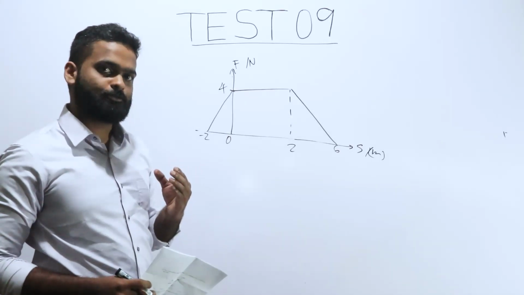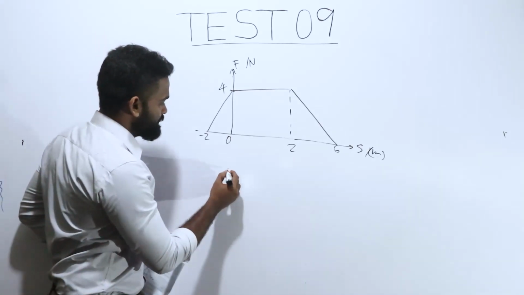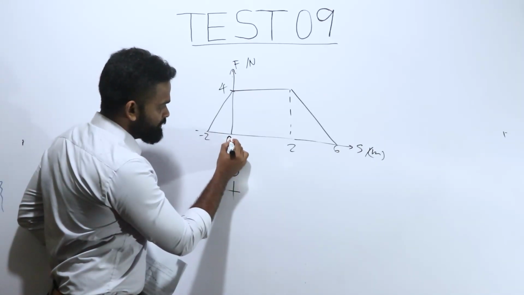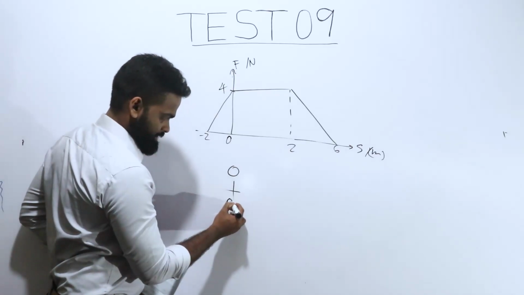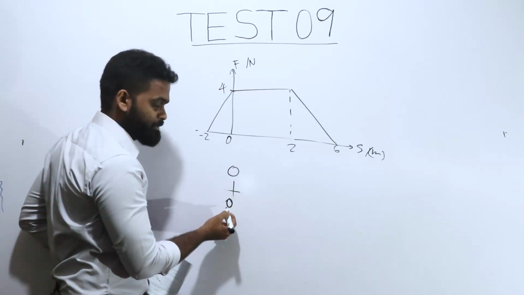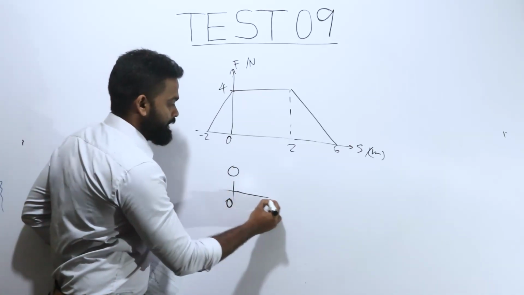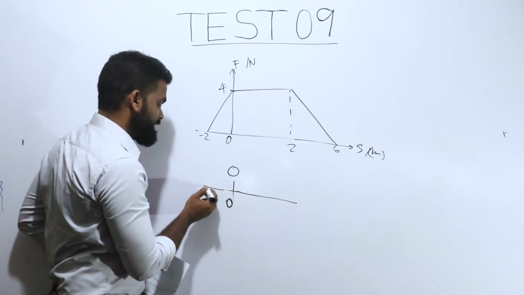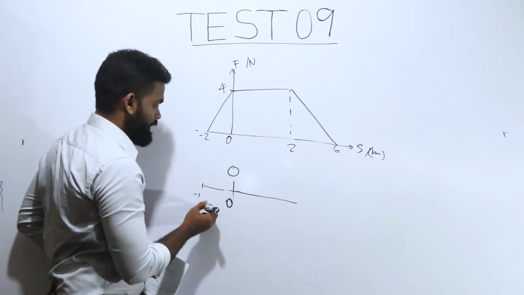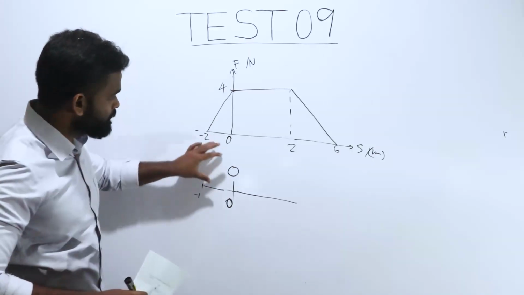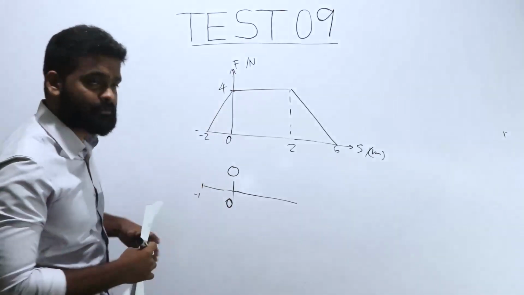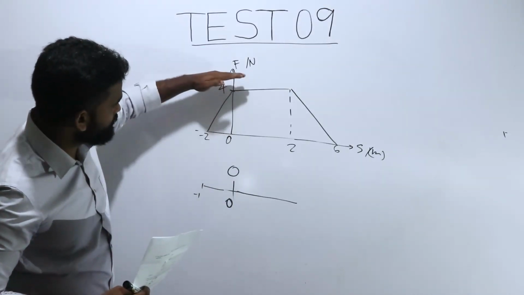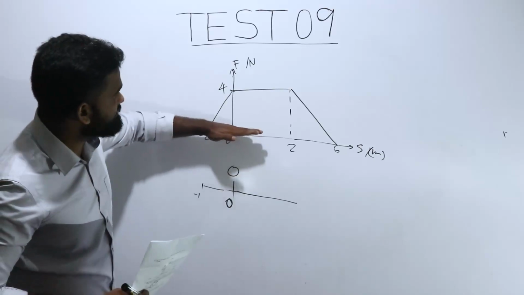If I further explain that, just think about this, right? Zero displacement means origin. Displacement to this side is positive, then this side is negative. Still, the force acting on the object is positive. All the forces are above the x-axis.